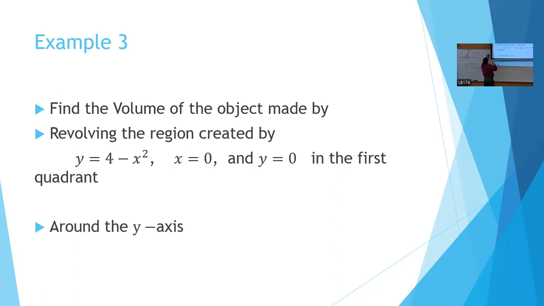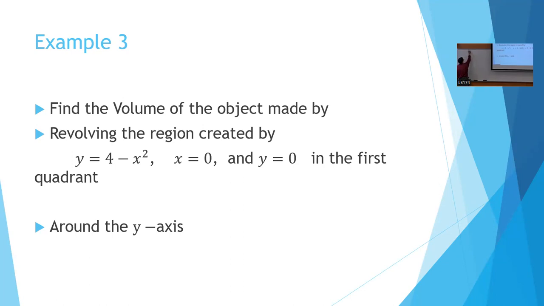Now, the natural question, so we've done two where we've rotated around the x-axis. Now let's rotate around the y-axis. Now, this is going to be the same region that we dealt with in example 1. Y equals 4 minus x squared, that's one of the outside edges.